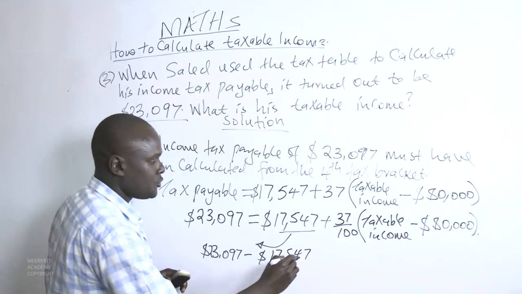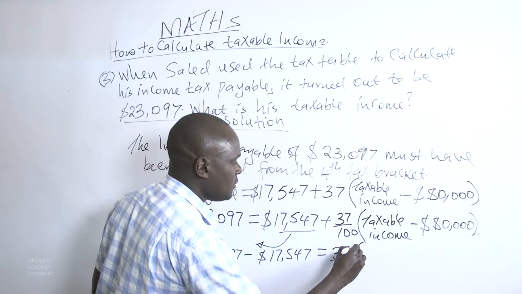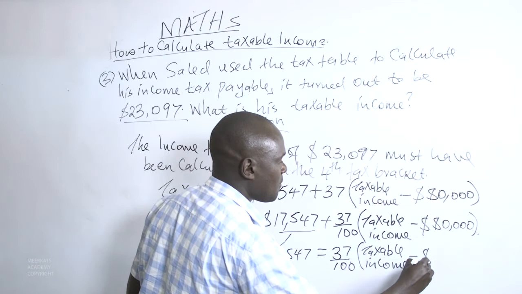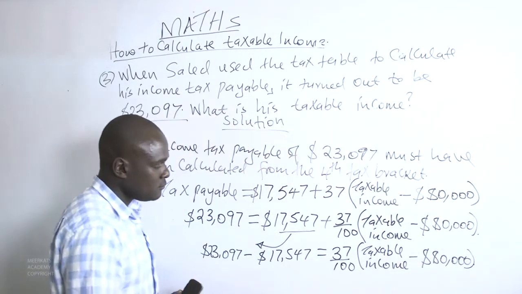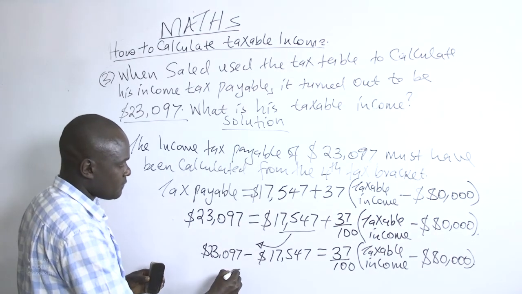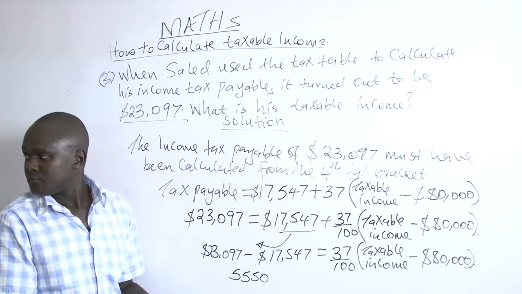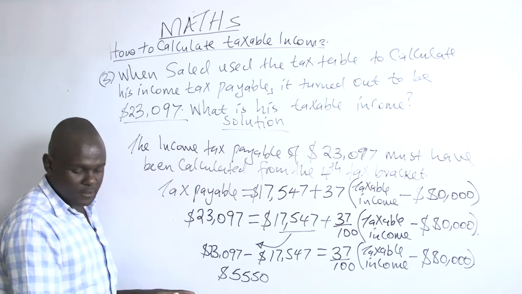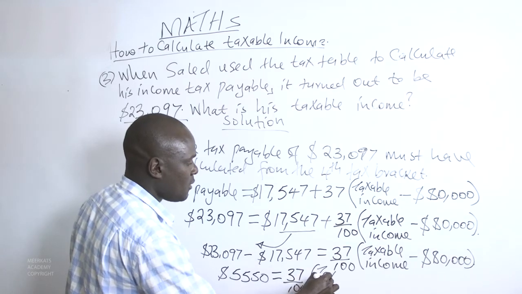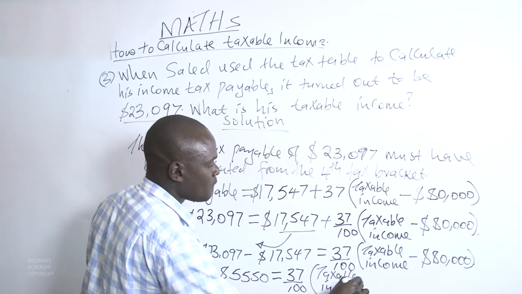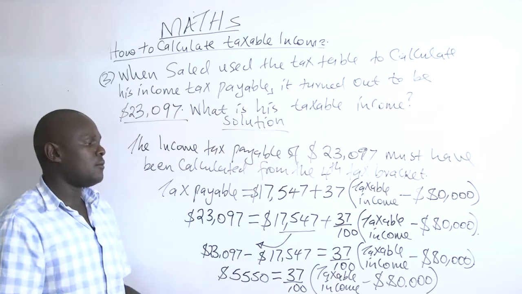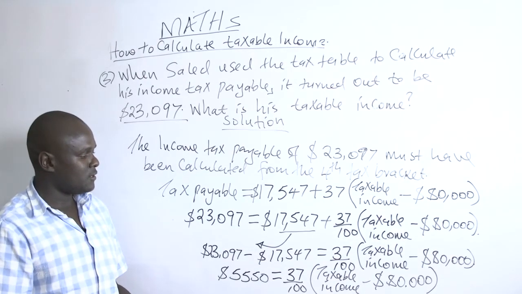When you subtract this, we end up with $5,550, which should be equal to 37 out of 100 multiplied by our taxable income minus this ceiling, because every dollar above that attracts a tax of 37 cents.